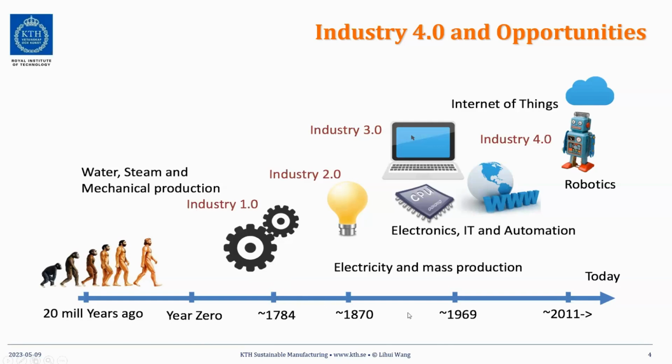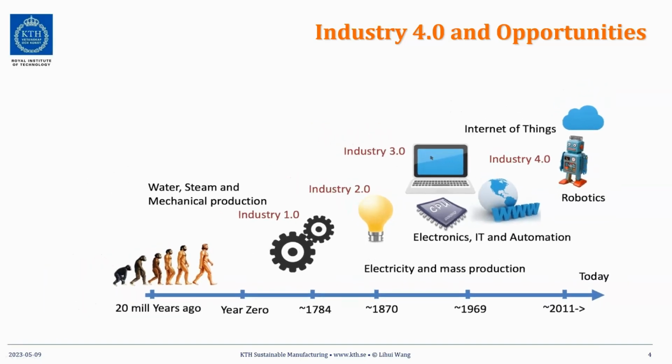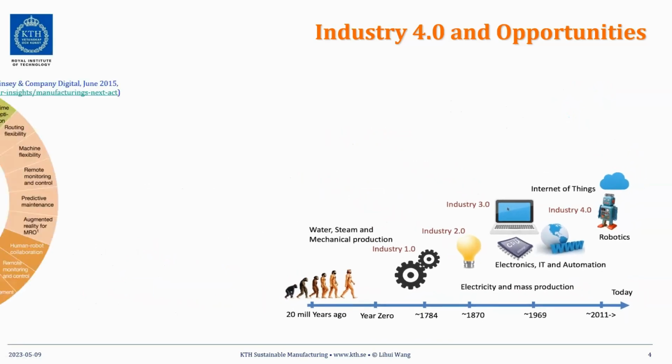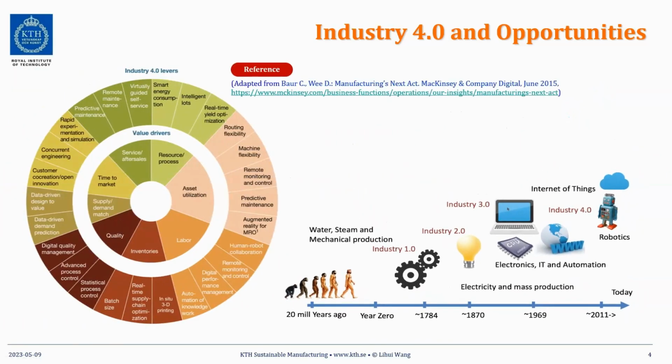It's very short, about 240 years old. Industry 4.0, initially introduced by German researchers and formalized by the German government, was a product from Germany. It offers us a number of different opportunities as summarized in this pie chart.